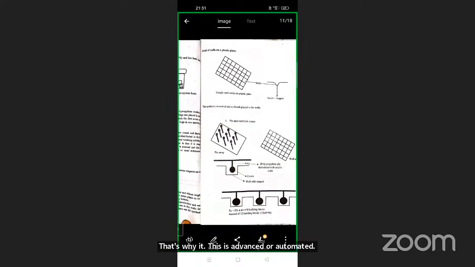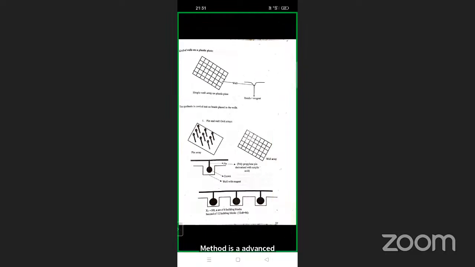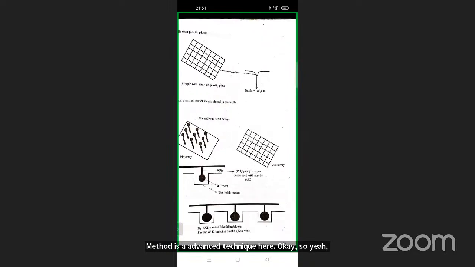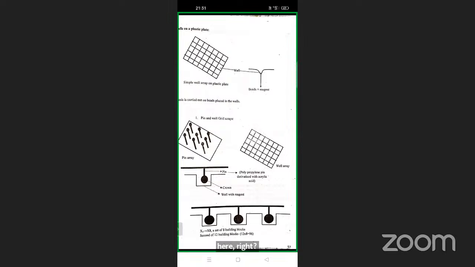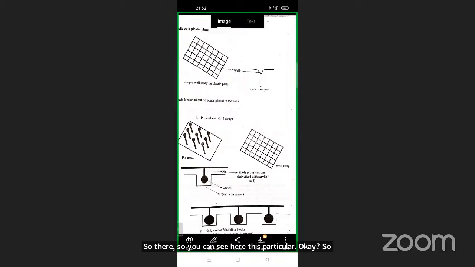First, we'll see the grid of wells on a plastic plate. You can see this particular sheet, it is a polypropylene plastic sheet.